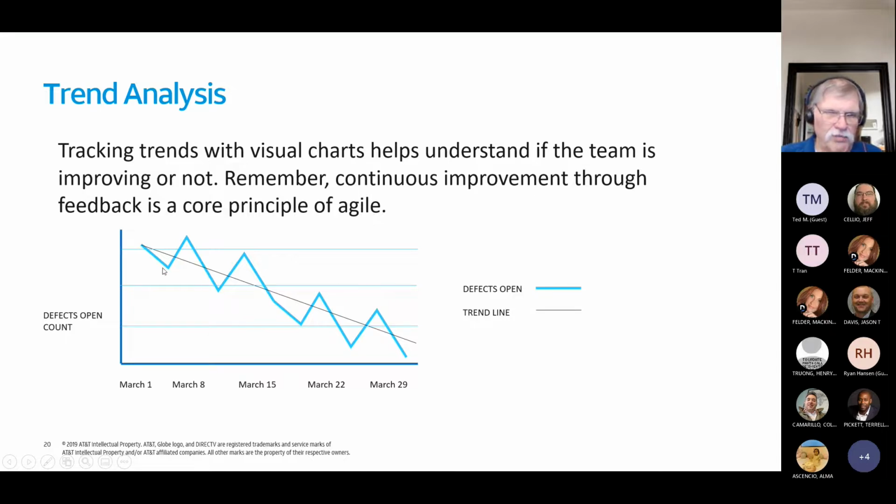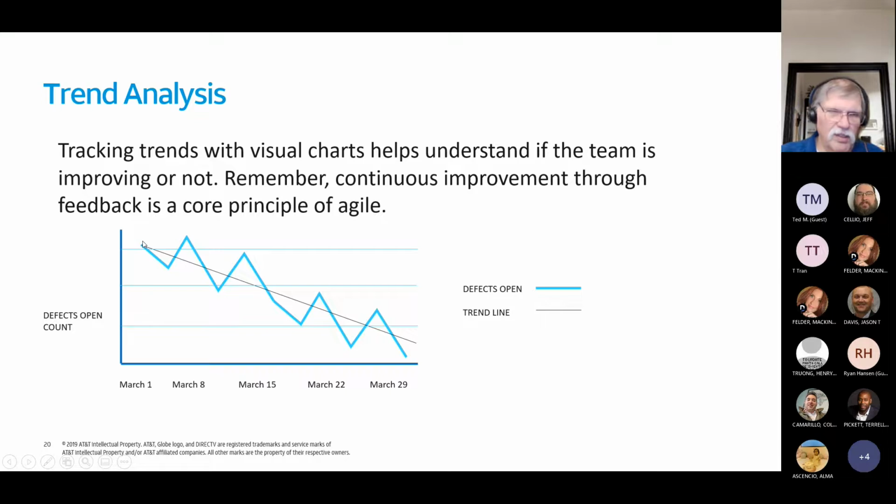And usually the defects peak after a deployment and then are brought back down until the next deployment where they peak again. And this goes on and on and on throughout the testing of the product.